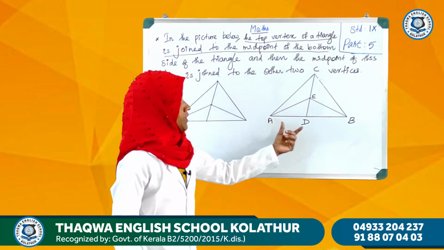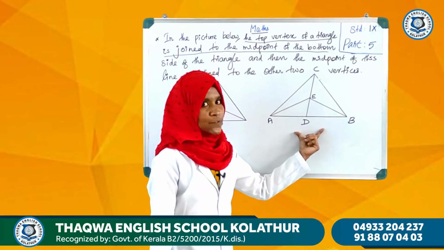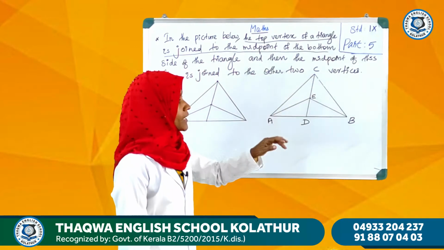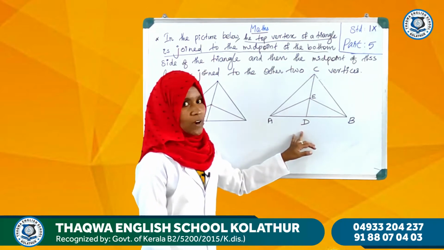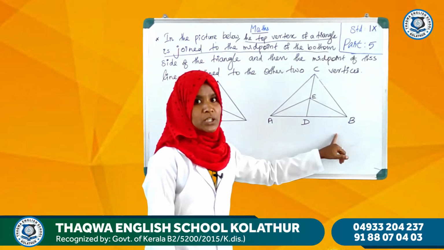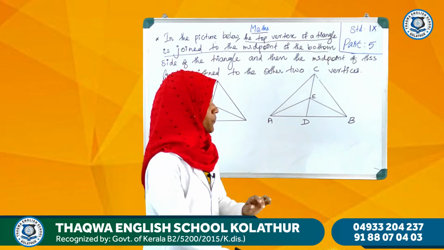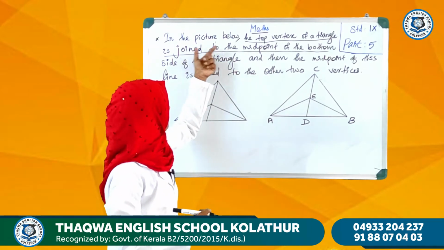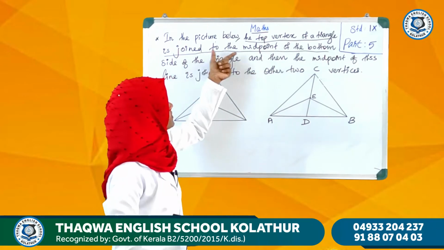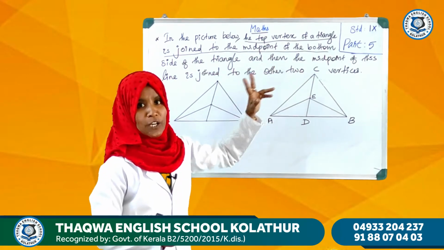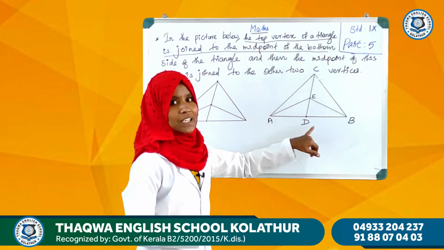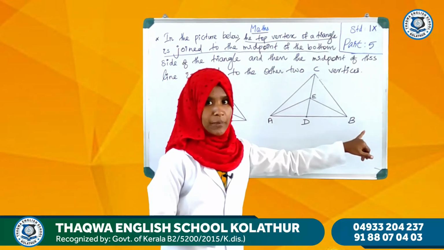Look, this figure. Triangle ABC and the line CD divides the triangle ABC into two triangles. And also we have given in our question the top vertex of a triangle is joined to the midpoint of the bottom side. That is, we can say that D is the midpoint of AB.